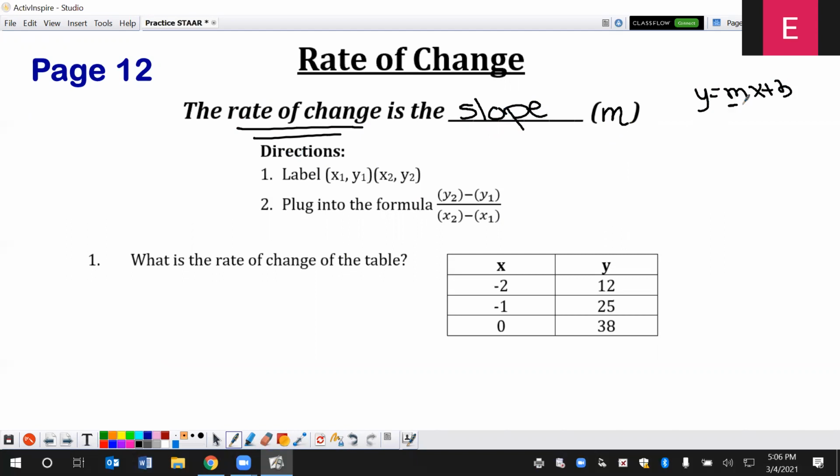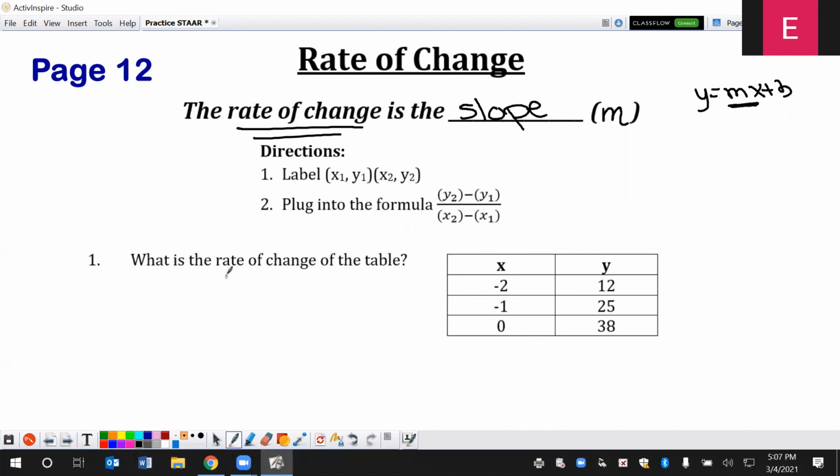We talked about slope being the number next to the x. It's represented by the letter m. And so today we are going to practice how to find the slope from tables, from points, and from graphs. Yesterday was just identifying it from an equation. Today we have to solve for it from those other representations.